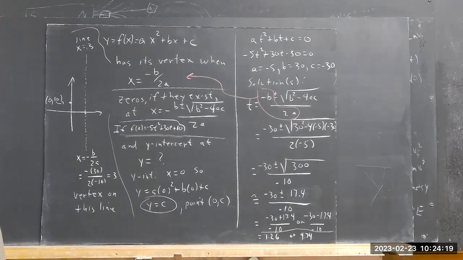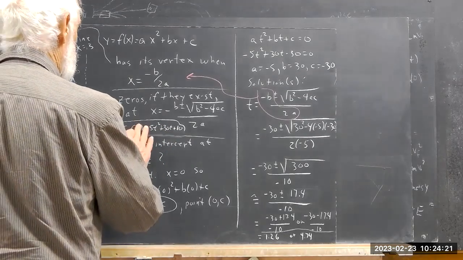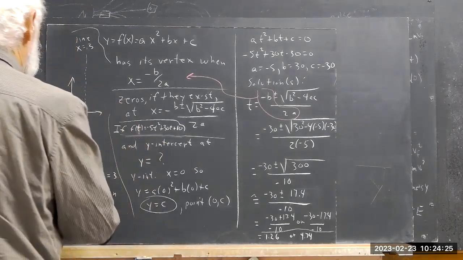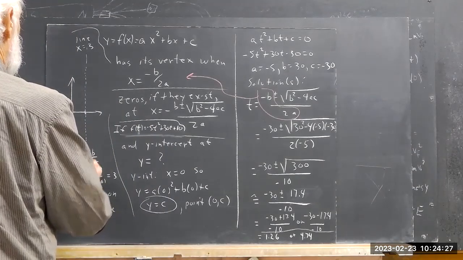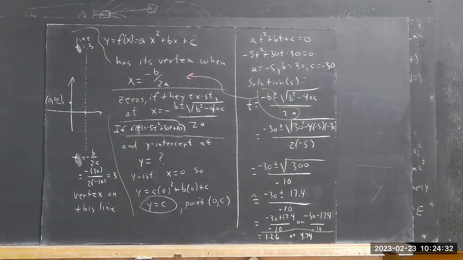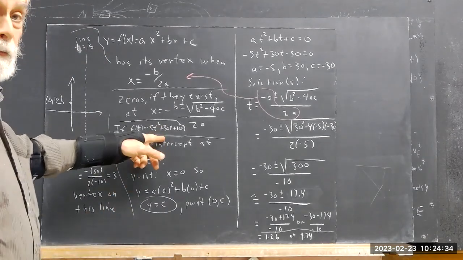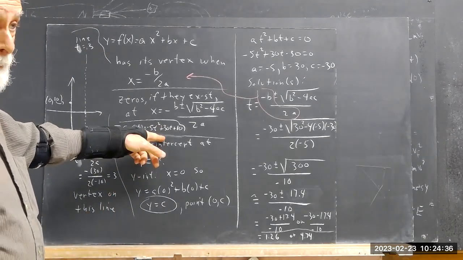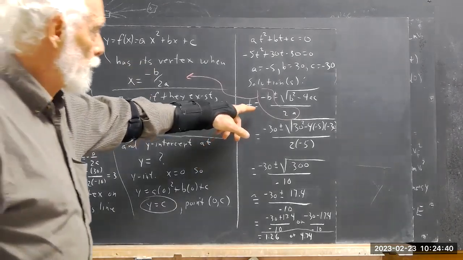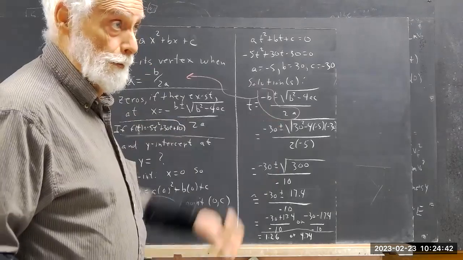And this is actually f of t, so let me change my x's here to t's. This is a function of time, so we're going to use t for the variable. Instead of x equals negative b over 2a, it's going to be t equals negative b over 2a.